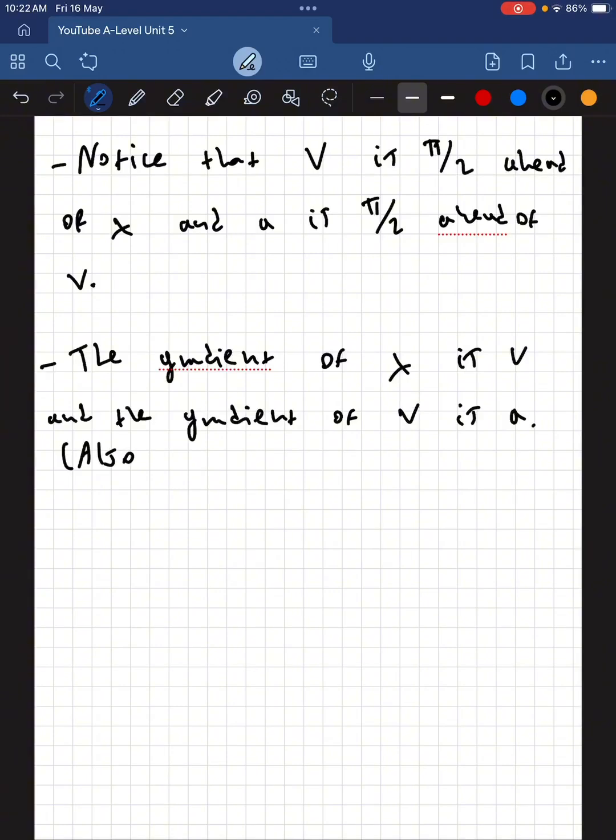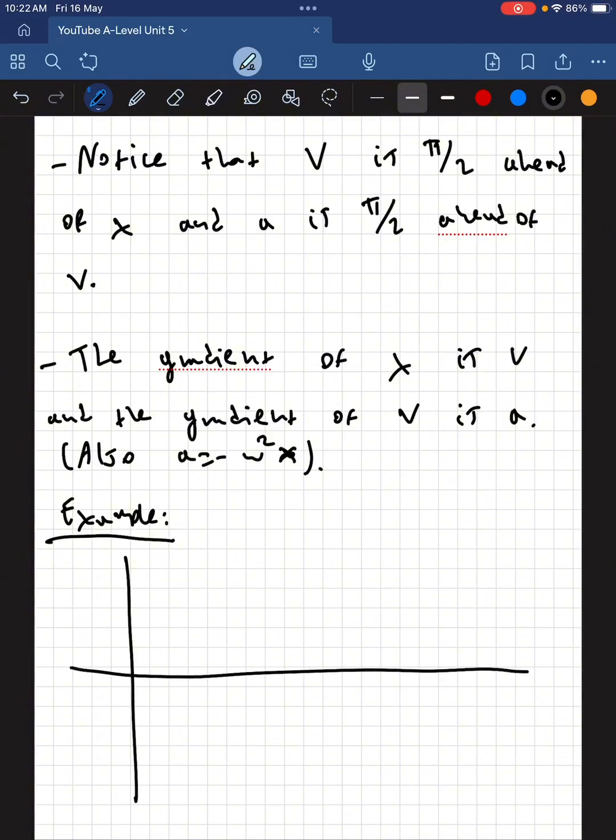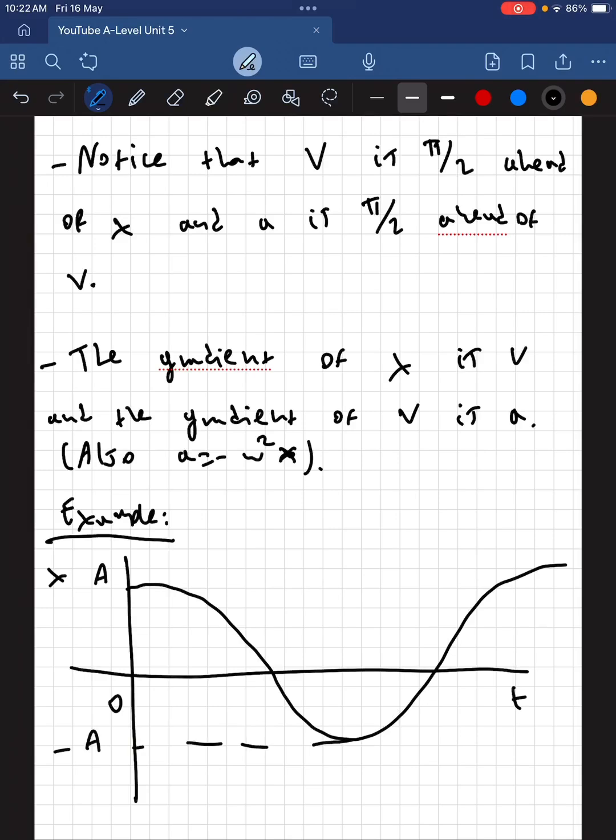And we can also use the fact that a is minus omega squared times x, and this comes in handy when they give us a graph. So for example, they might give you a graph of displacement with respect to time that looks like this, okay? So this is time 0, and this is the displacement a, and this is minus a, okay?